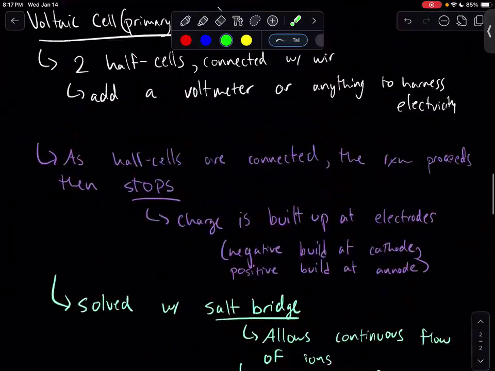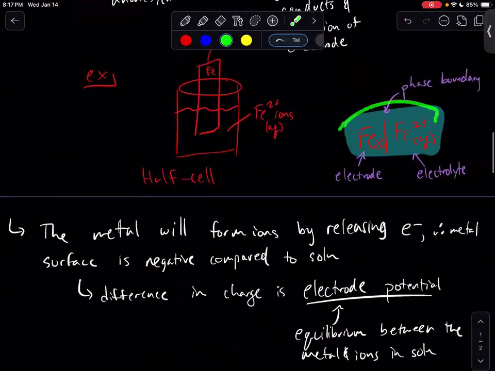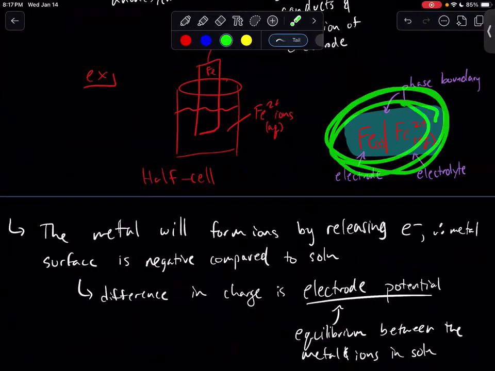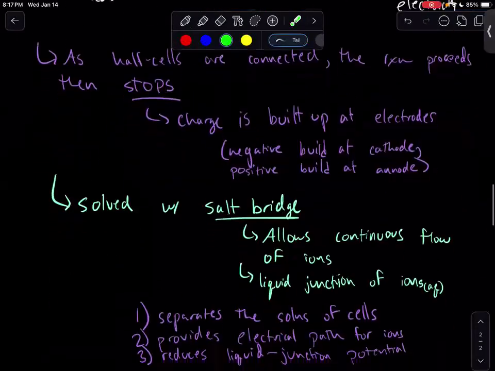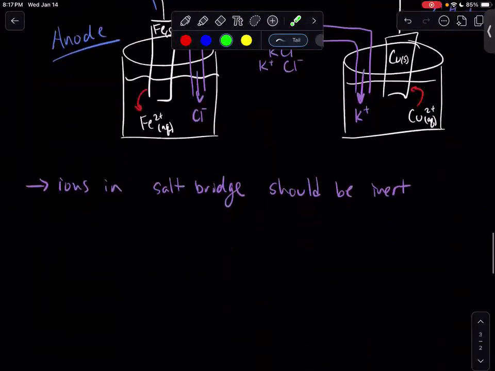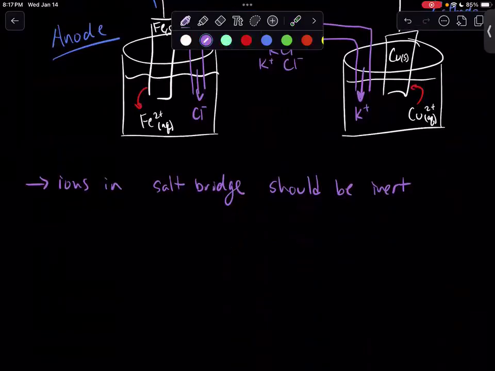Just as we used this notation right here for a half cell, we can combine two of those notations together. In this case, we will write it as such. We'll write our anode first, iron, solid.